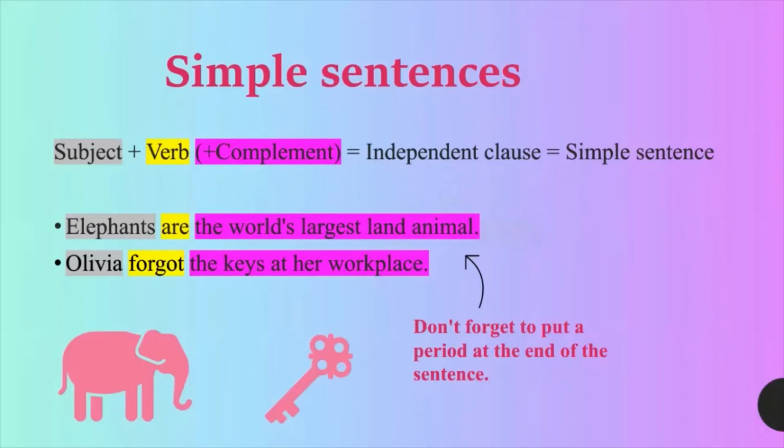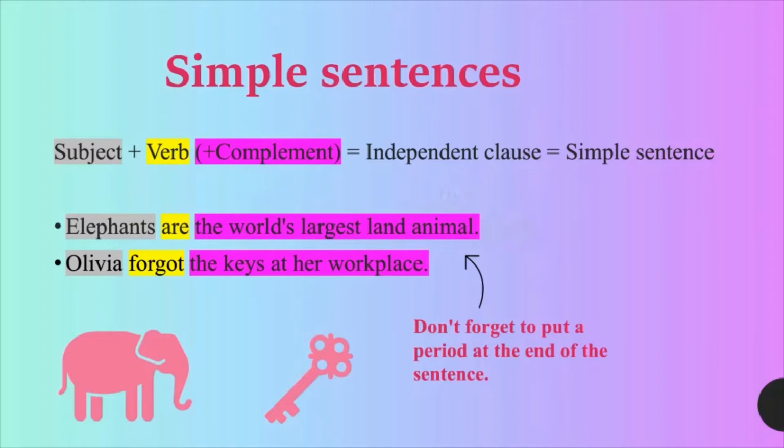As such, it consists of a simple sentence formed by a subject, a verb, and usually a complement, such as: Elephants are the world's largest land animal, or Olivia forgot the keys at her workplace. As you can see, when it comes to simple sentences, the only punctuation rule you must keep in mind is to begin with a capital letter and end with a period.